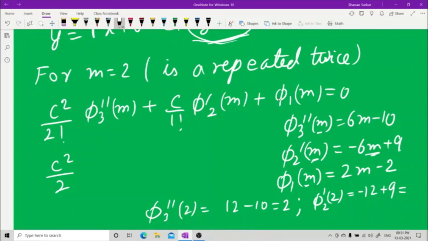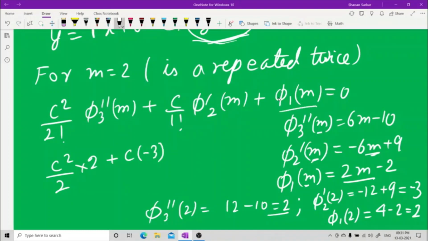Not plus 3 but minus 3. Phi 1 at 2 is 4 minus 2, which is 2. So c square by 2 factorial times 2, plus c times 1 factorial times minus 3, plus 2 equals 0.